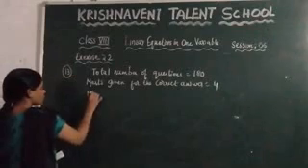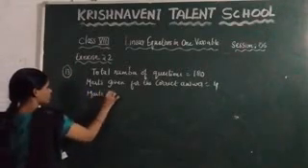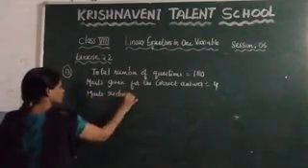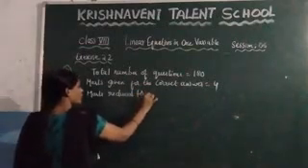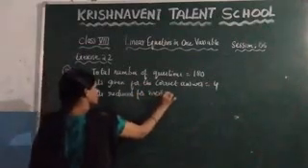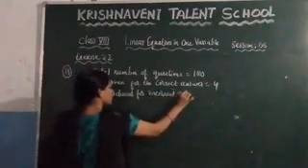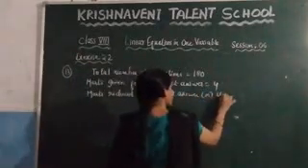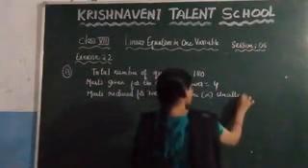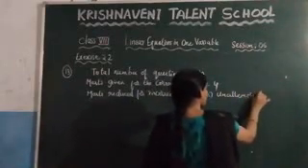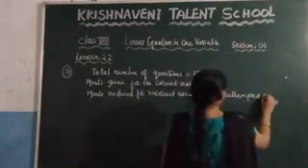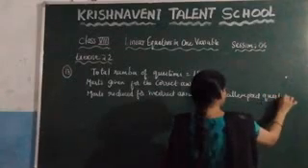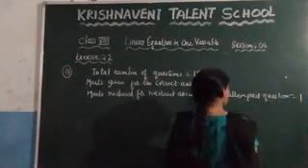Marks reduced for incorrect answer or unattempted question. That means if the question is not attempted or if the question is written wrong, how many marks they are reducing here? 1 mark they are reducing.